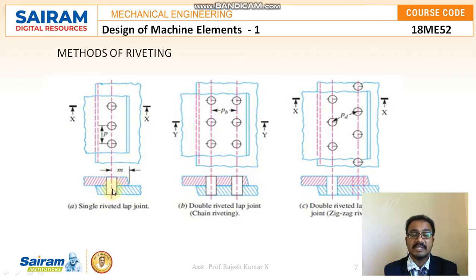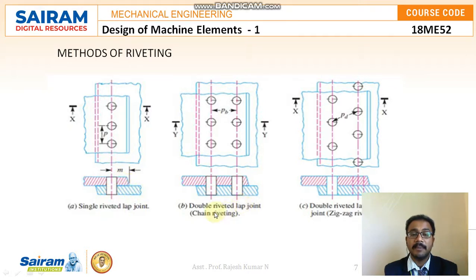And why this is called single is because the riveting is done only on a single row. The number of rivets is usually not countable, because based on the size of the plates the number of rivets will vary. What matters here is the number of rows. You can see this is only one row, so that is why it is called a single riveted lap joint. Lap joint means it is placed overlapped on the other plate.